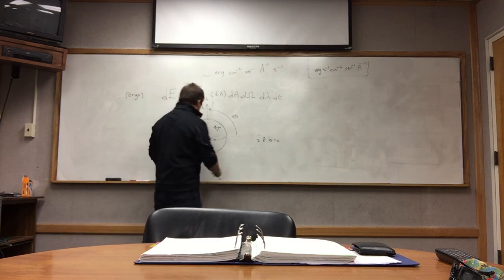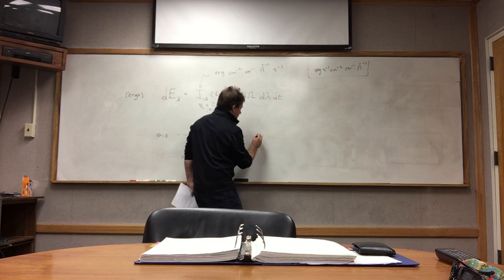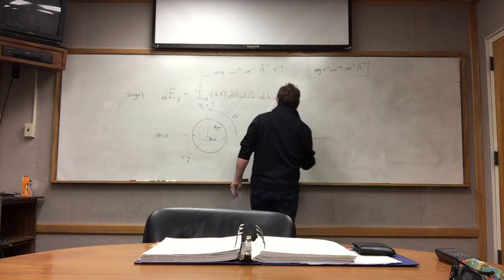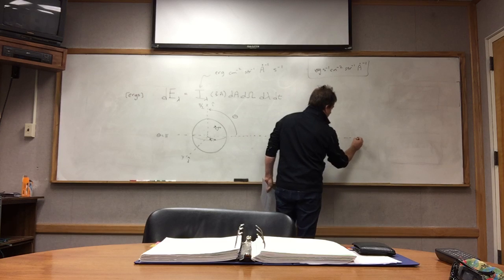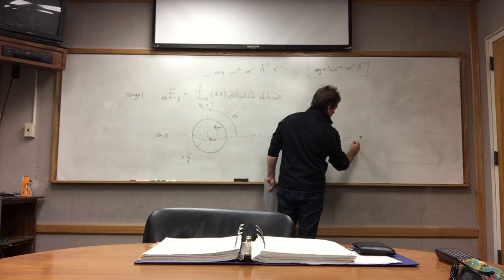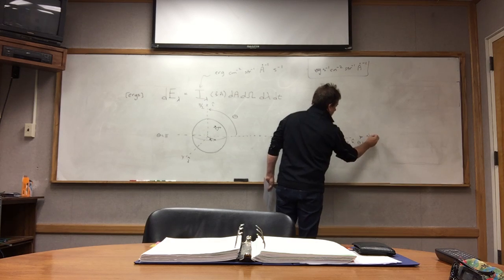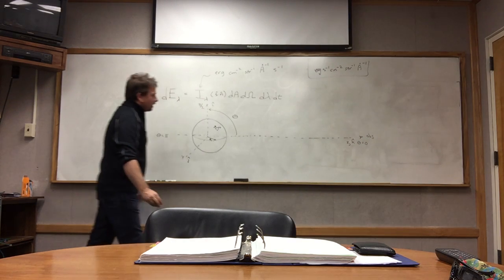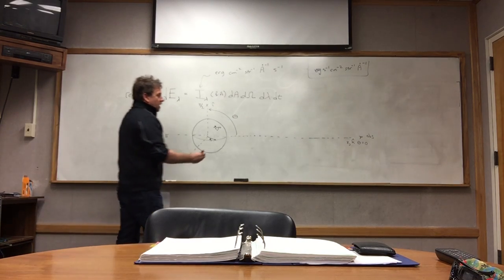What we're going to do then is make a special assumption always, because it turns out that all the math simplifies if you assume that the observer is downstream here on the z-axis. If you assume that, it always makes life easier.